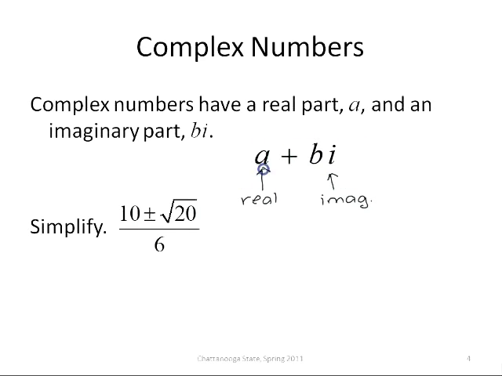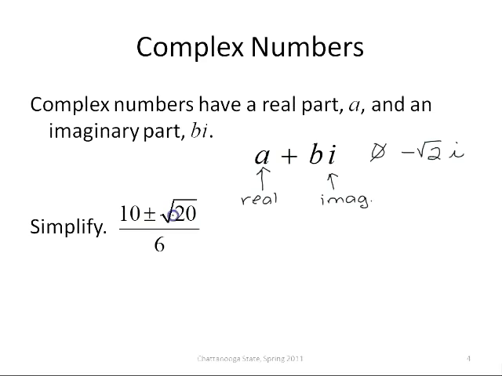So complex numbers have this form a plus bi. Even these numbers we were just working with, this negative square root of 2i, is a complex number. It just happens to be that the real part is 0. So we don't write that there.